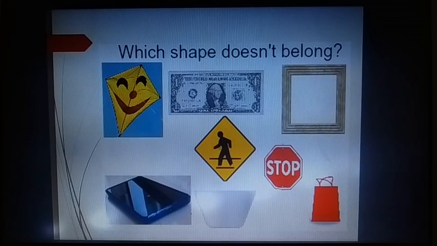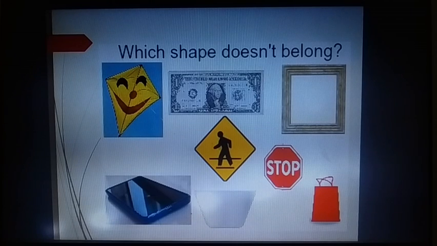Observe it carefully. Yes, except one, rest all are having four sides. So they all are quadrilaterals.